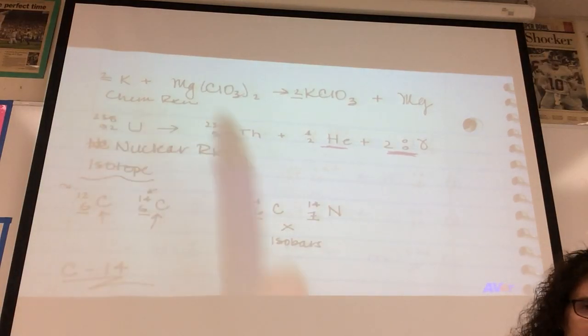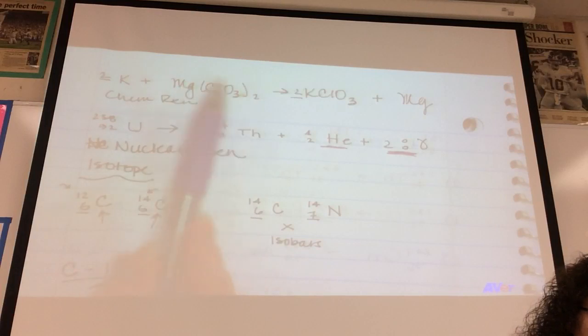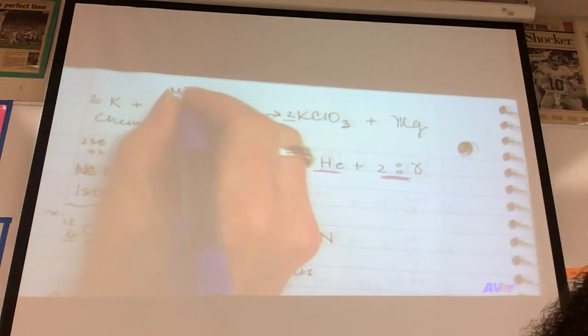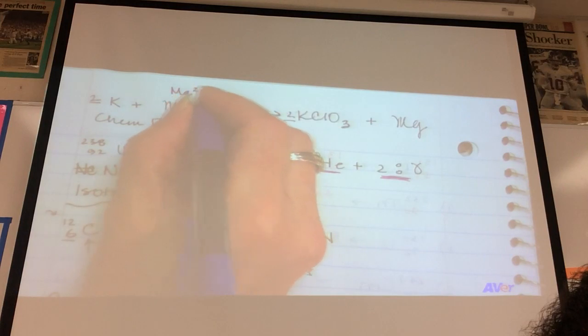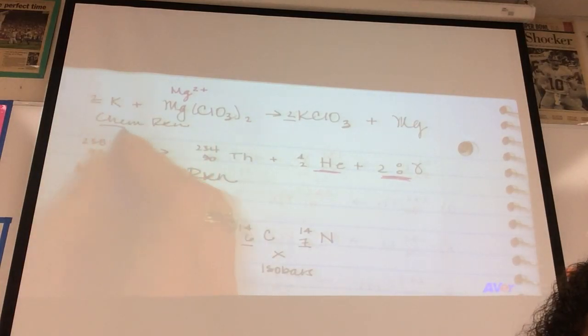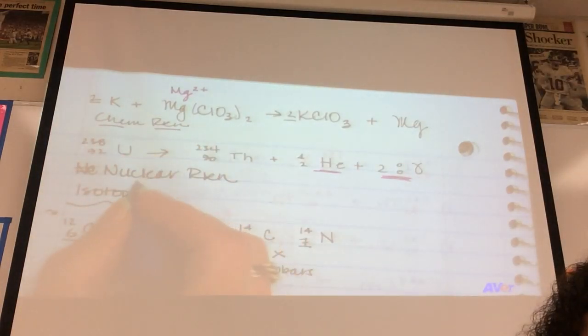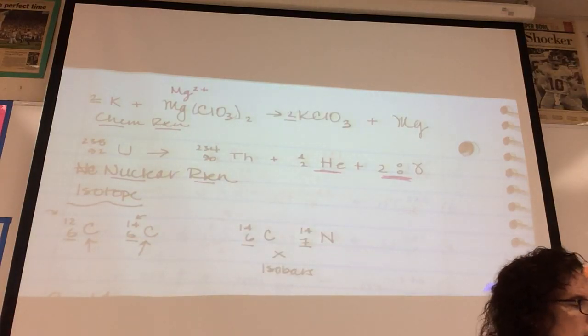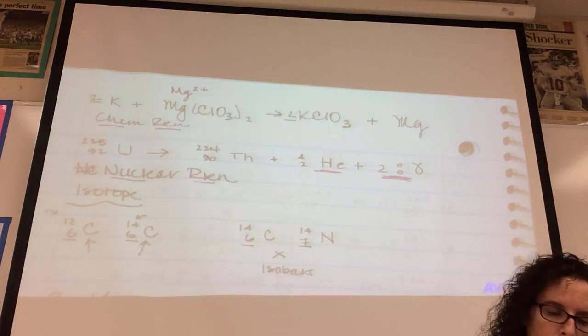With chemical reactions, remember, we learned how to write chemical formulas based on valence electrons. You know, for example, that magnesium has 2 valence electrons, which it will lose to form a magnesium 2 ion. So with chemical reactions, you're dealing with valence electrons. With nuclear reactions, you can be dealing with protons, neutrons, or electrons.